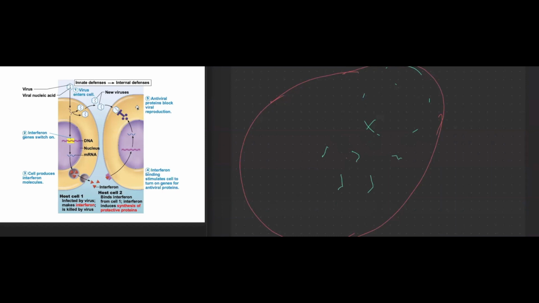It limits the viral activity, pathogenicity by attacking the infected cells, not the virus itself. Because the virus is considered dead if it's outside of the host cells. It can't have any metabolic activities without being inside the host cell.